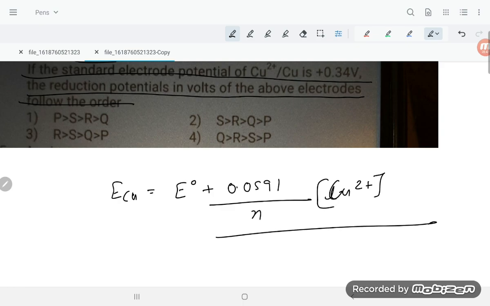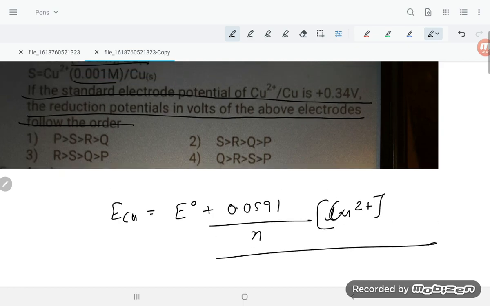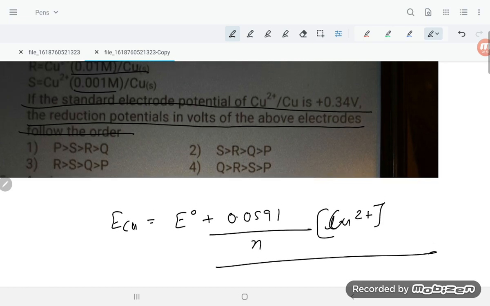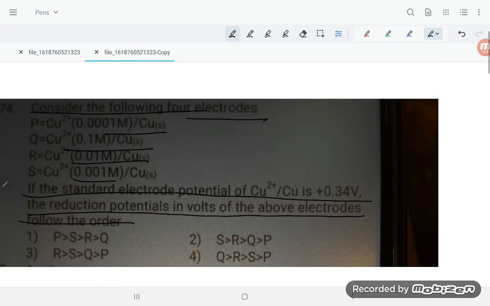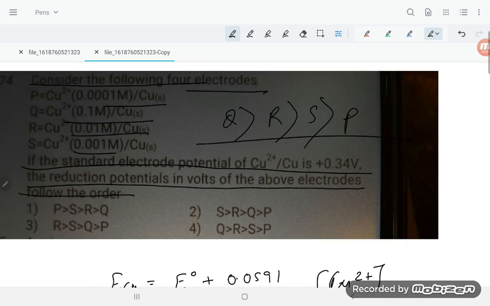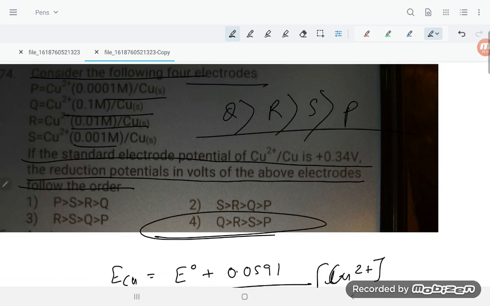So greater the concentration of Cu2 plus, greater will be the electrode potential. You can check which is having the greater value. So Q, then R, then S, then P. QRSP. Option number 4.